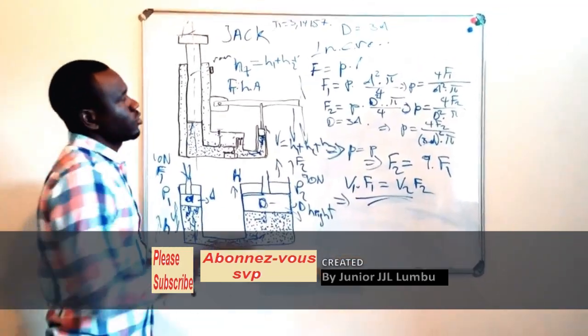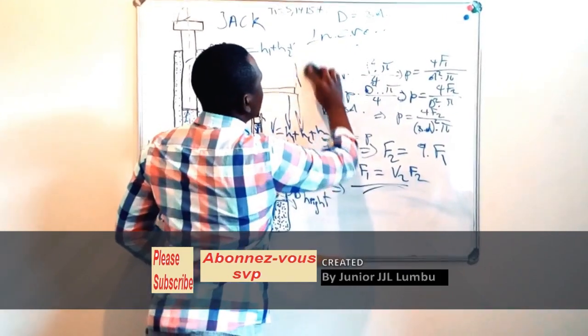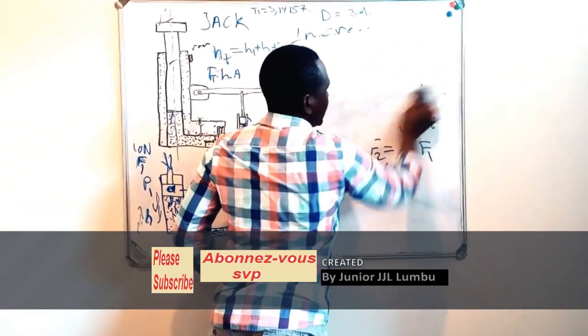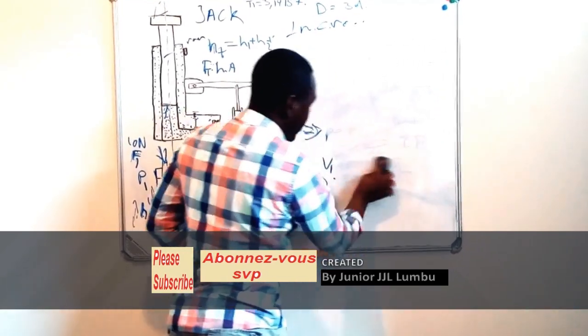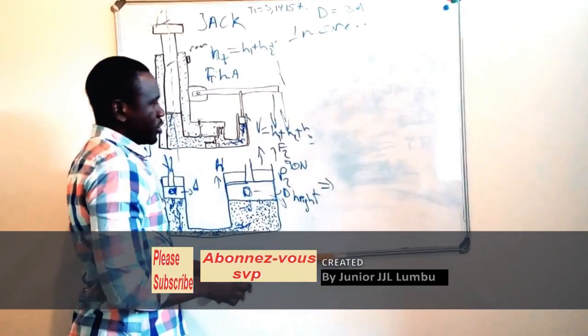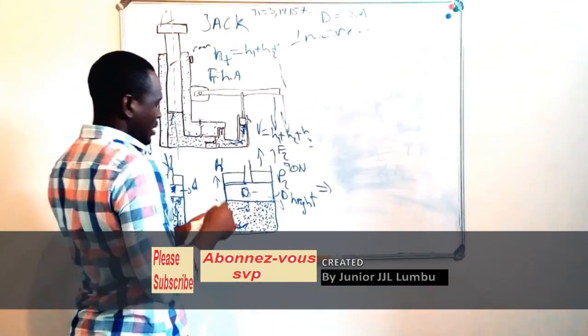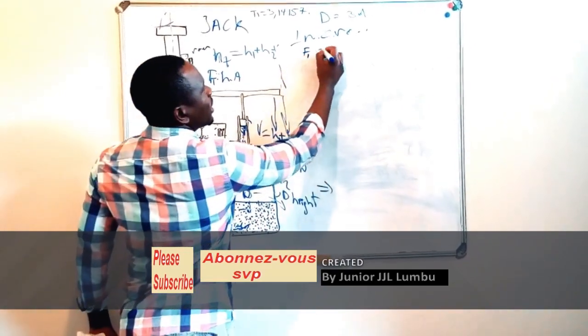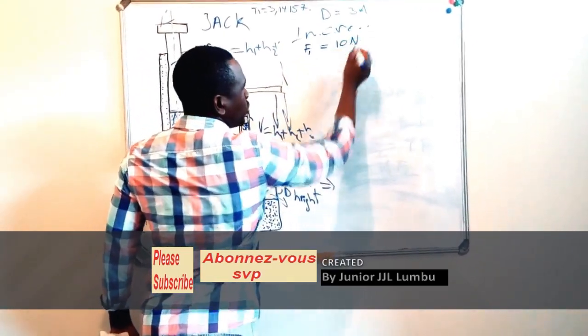So as I said, let me now give an example of numbers. It's better to come up with numbers so that everything can be clear. So here we go. Let's say my force here is 10 Newton.